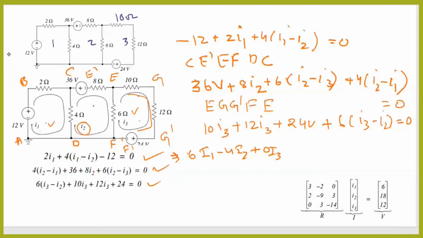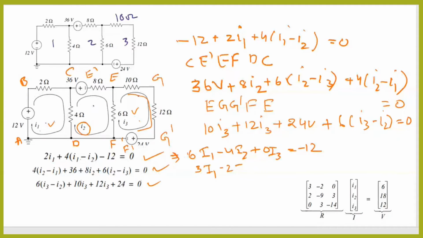If you divide both sides by 2, it becomes 3I1 minus 2I2 plus 0 into I3 is equal to 6.